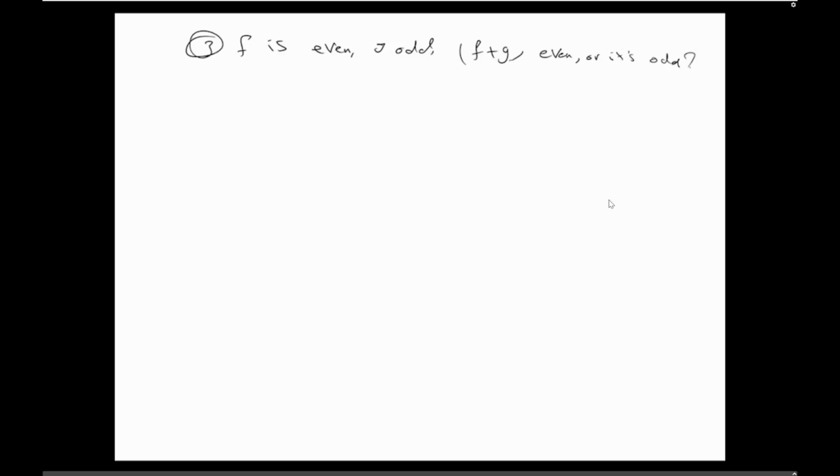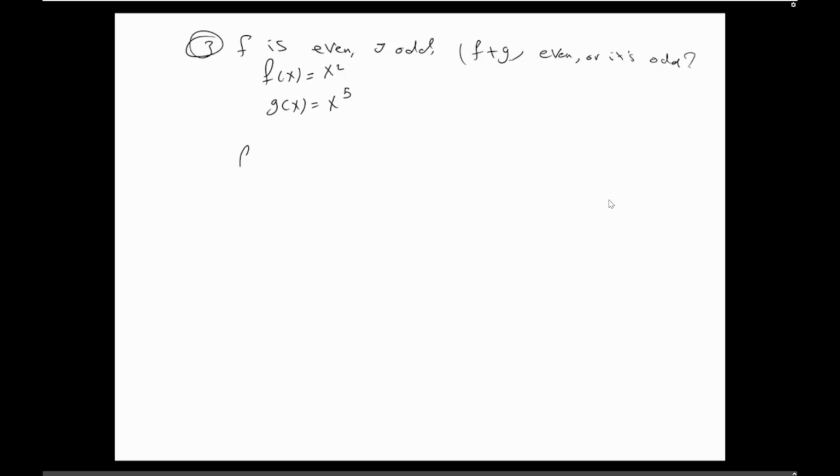So let's give an example for that. So we have f of x equivalent to x squared, and let's say g of x equivalent to x raised to power 5. So f is even and g is odd.